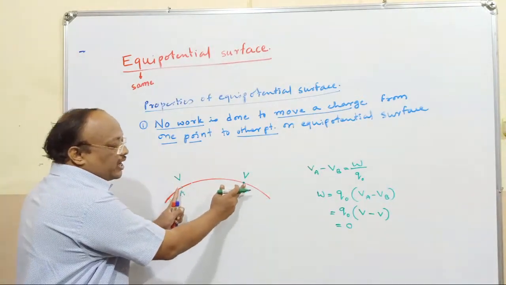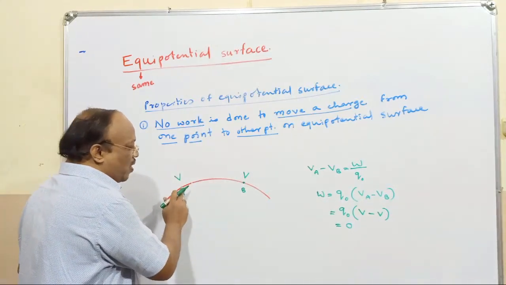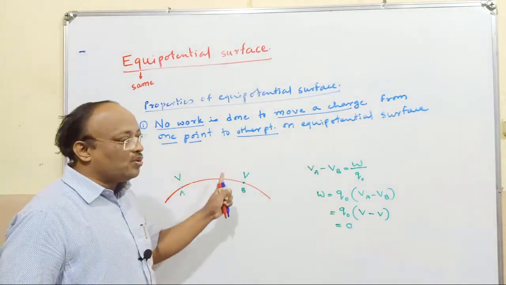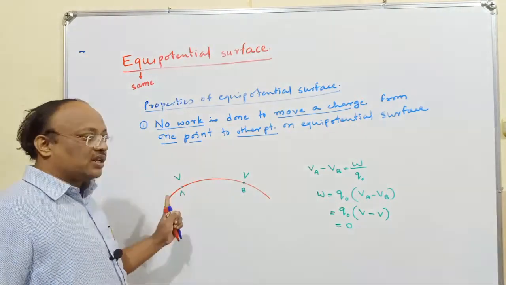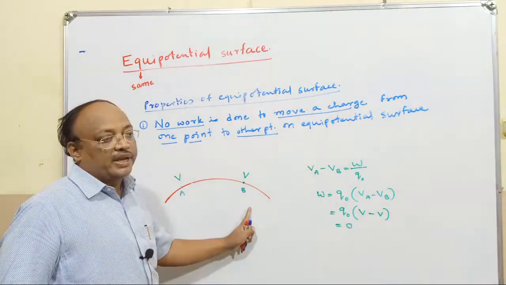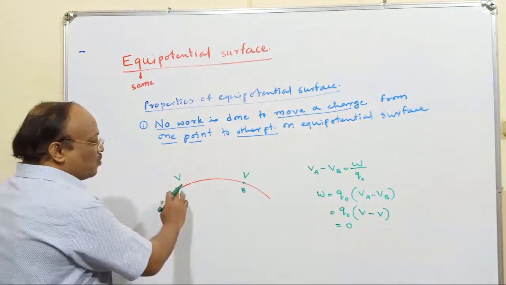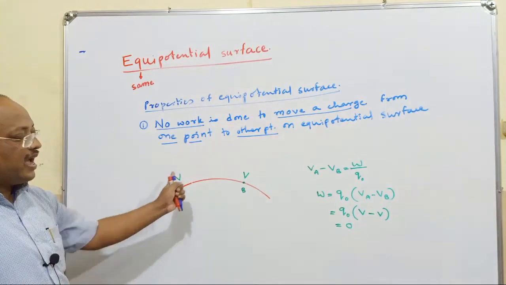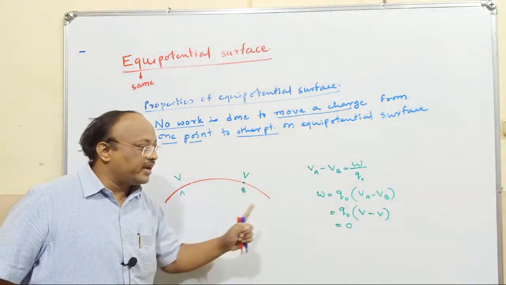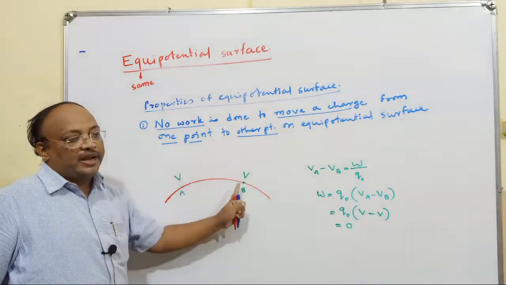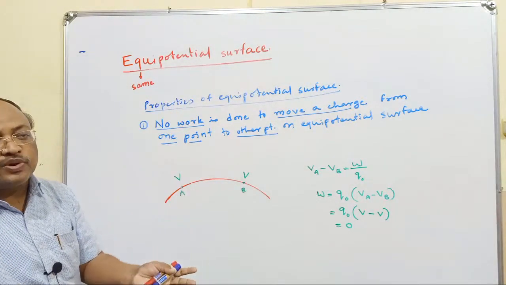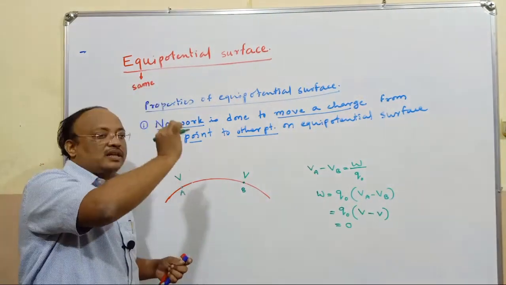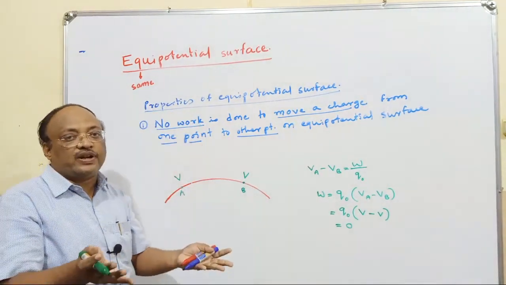If there is no potential difference, if the potential at this point is the same as at this point, no need to do any work to move the charge from A to B. If it is an equipotential surface, no work is done to move a charge from A to B, anywhere on the equipotential surface.